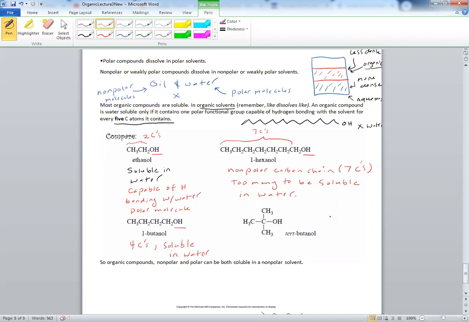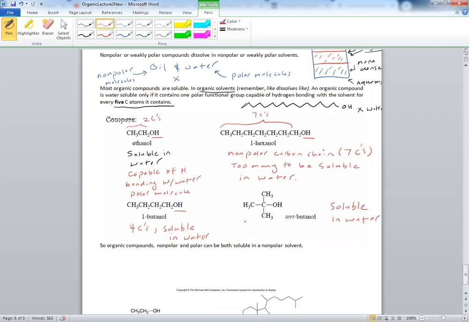And of course, this is also soluble in water. It has the same number. In fact, this is actually more soluble because it minimizes the contact between the surface area of the carbons. Let's say if you have this molecule and another molecule. So that's the rule that goes here.